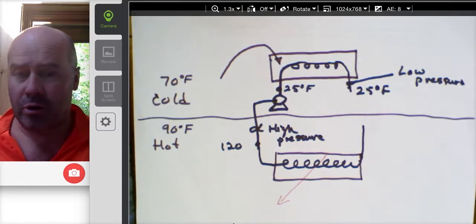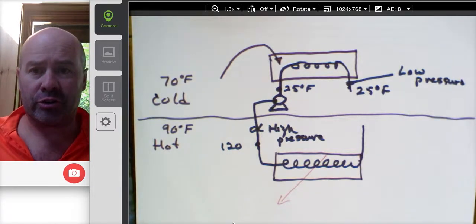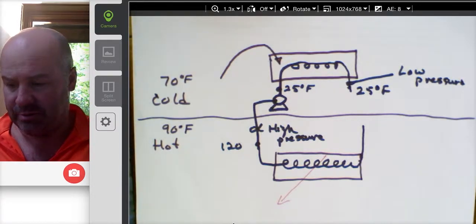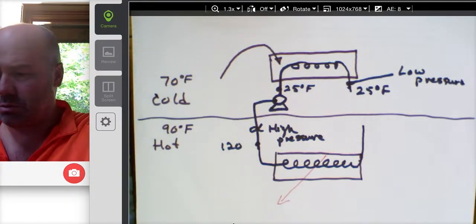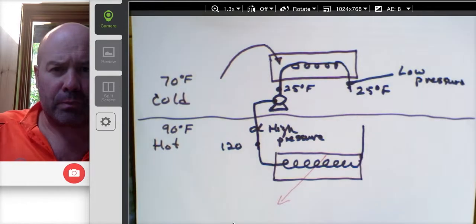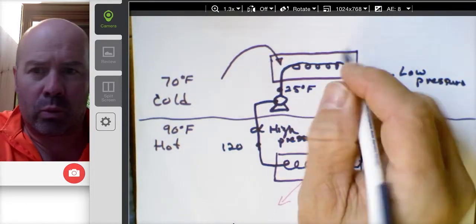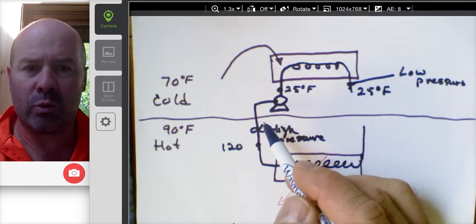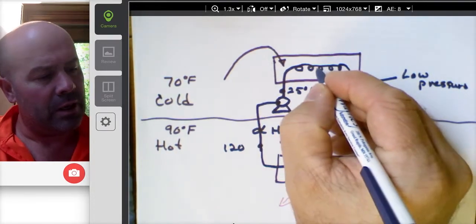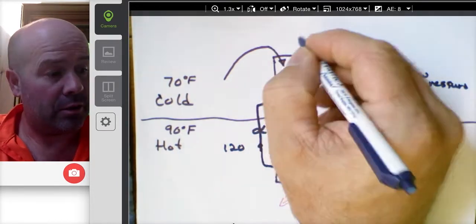So there are 3 energy conversions taking place here. Let me find a good color. Go with this pen. Now, remember, we always like to talk about the working fluid, what's happening to the working fluid. It has heat coming in to the working fluid.